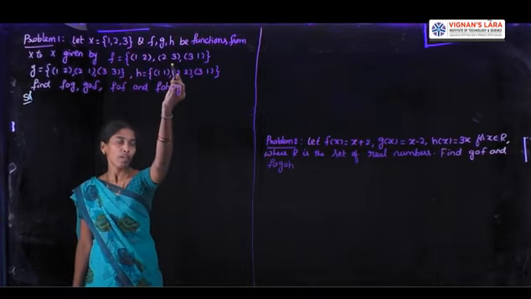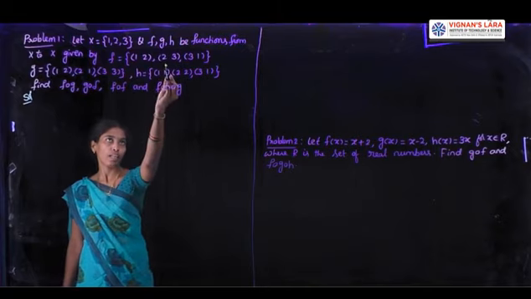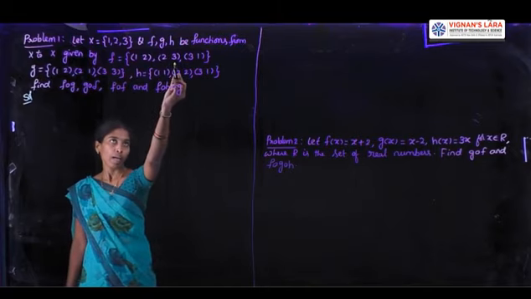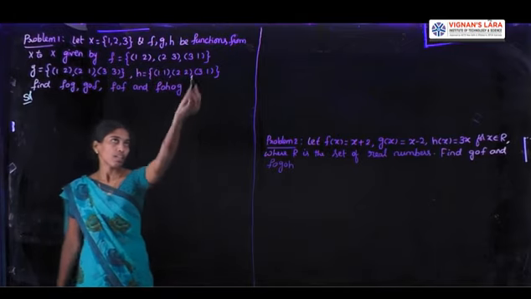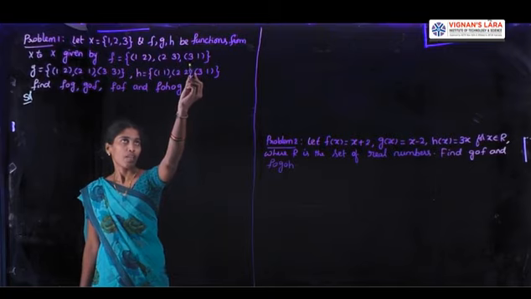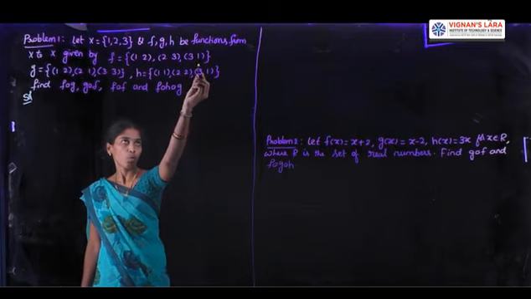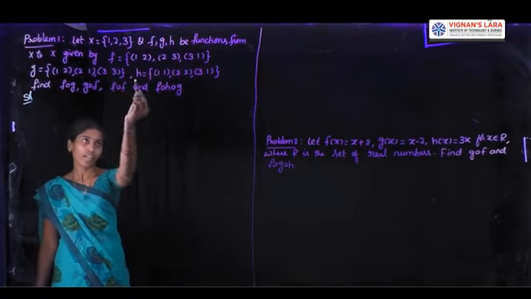Ordered pair (2, 3) means the element 2 of the domain is related to element 3 of the codomain using f. Then (3, 1) means 3 is mapped to 1 under f. Like that, g and h are also given.